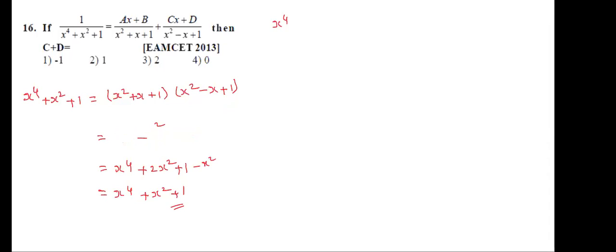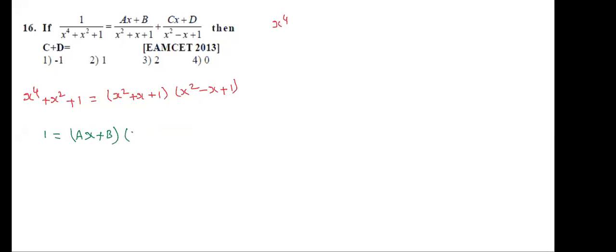So that means now in that problem, take the LCM, the denominators are going to cancel. Then what do we get remaining? 1 is equal to ax plus b into x square minus x plus 1, plus cx plus d into x square plus x plus 1.